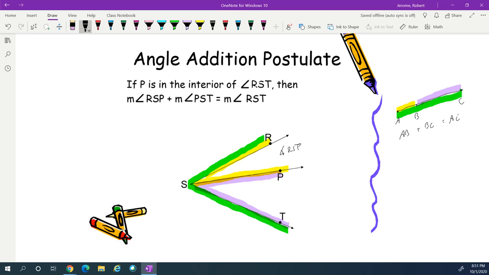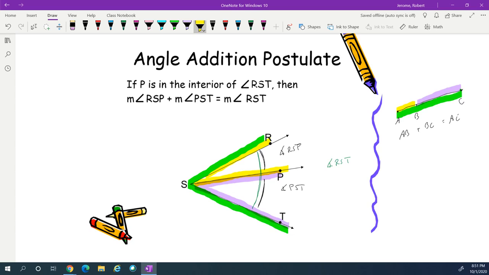And the second one, the purple one, is angle PST. So the first little angle and the second little angle. And together, they make the whole thing, which is angle RST.